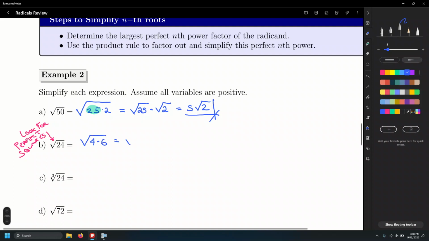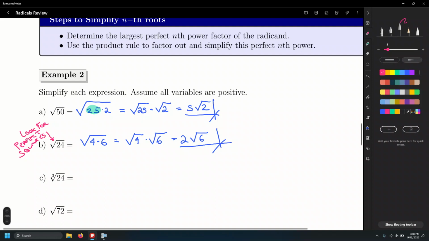All right? Compute the square root of 4, which in this case equals 2, times the square root of 6. Just leave it like this because there's no integer whose second power equals 6. And that's the final answer. All right.